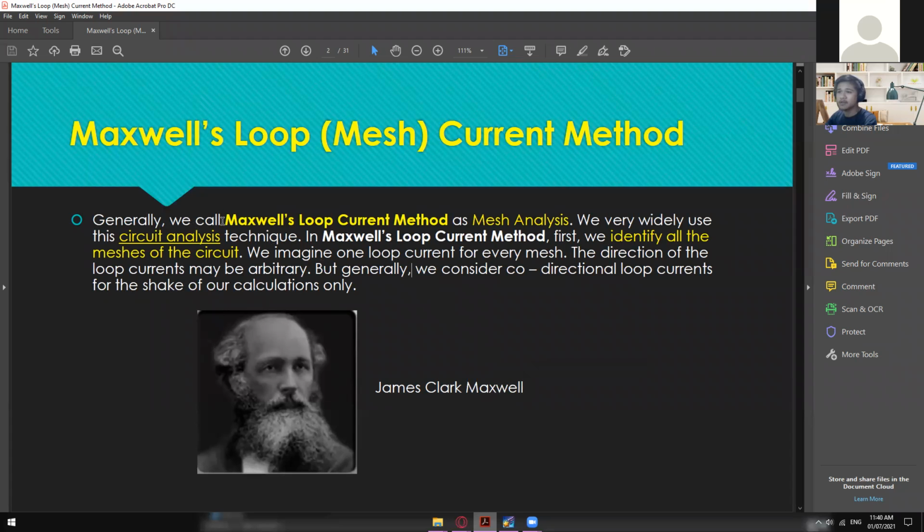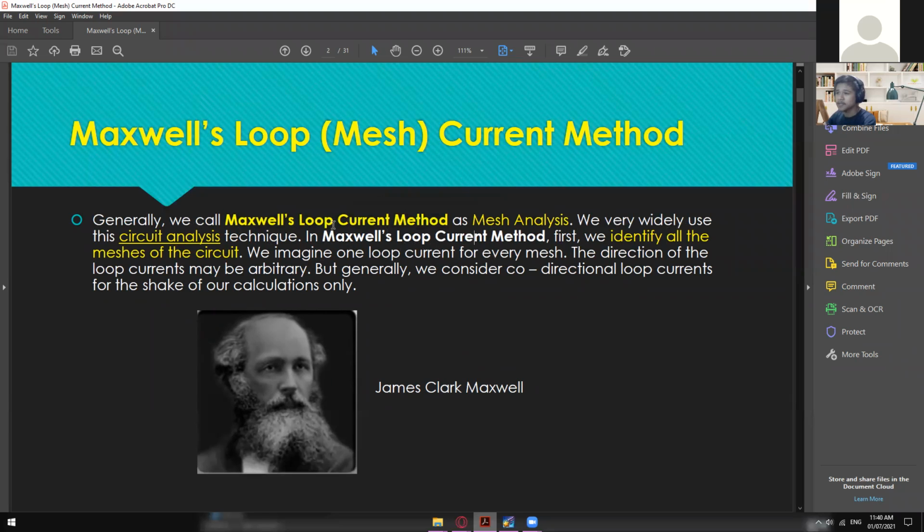So generally, we call the Maxwell loops current method mesh analysis. We actually have a lot of names for Maxwell loop: Maxwell loop current method, mesh analysis, or mesh current method. Okay, so we very widely use this circuit analysis technique. In the Maxwell loops current method, first we identify all the meshes of the circuit.